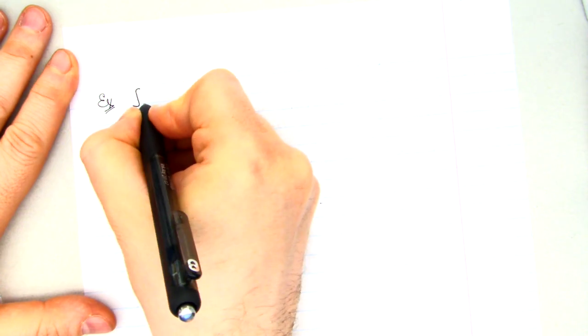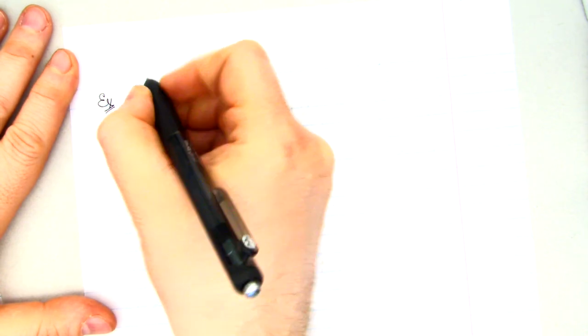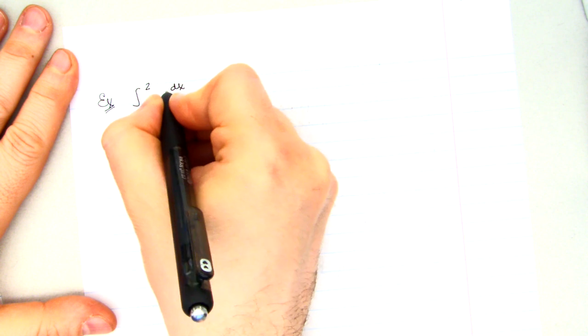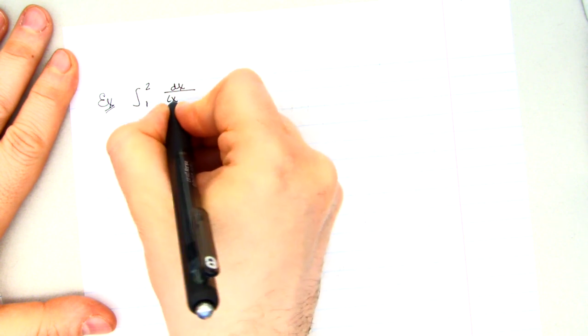Let's do the integral from 1 to 2 of dx over (x minus 2) cubed. First thing I should probably do, though, is do a u substitution on this.